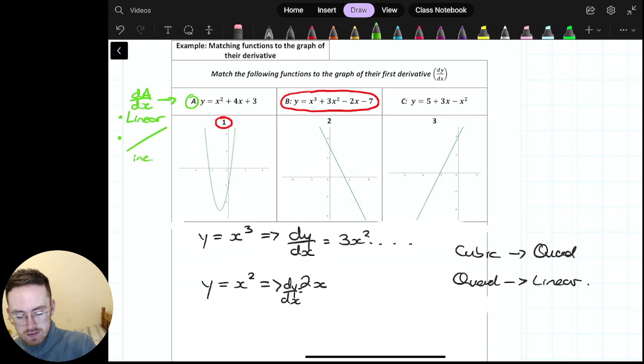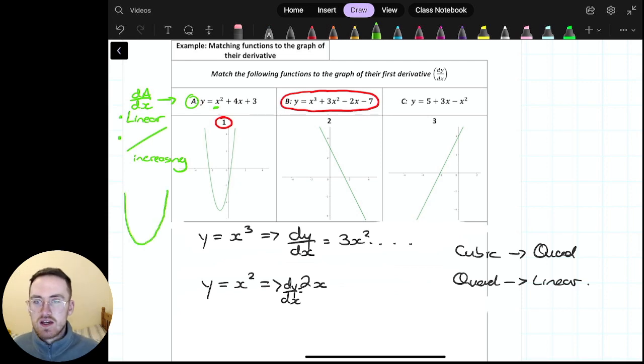And why am I expecting that? Well, if we look at the function that I have, x squared plus 4x plus 3, that's a positive quadratic. In front of x squared we have a positive 1, we don't have a minus. And a positive quadratic is U-shaped, looks like this here.